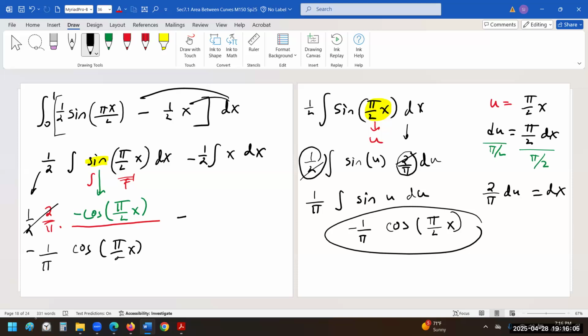Okay, then we have the antiderivative of x is x squared over 2. So we have 1/2 x squared over 2. And everything we are evaluating from 0 to 1. So this becomes x squared over 4 from 0 to 1.